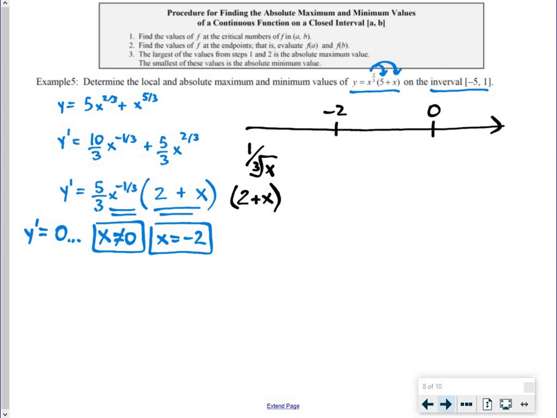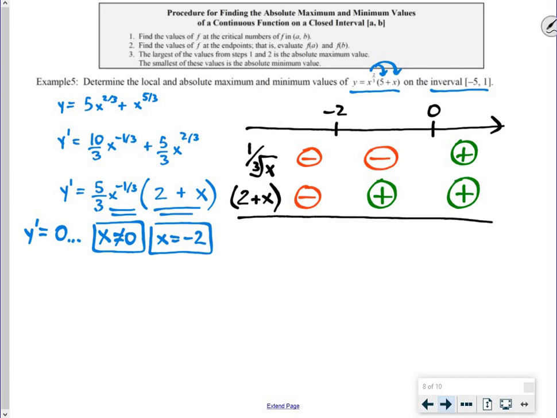Okay, 1/cube root x is negative on that interval. It's negative on that interval as well, and it's positive to the right of 0. Okay, 2 plus x is going to be negative on that interval. It's going to be positive on that interval, and positive on that interval.